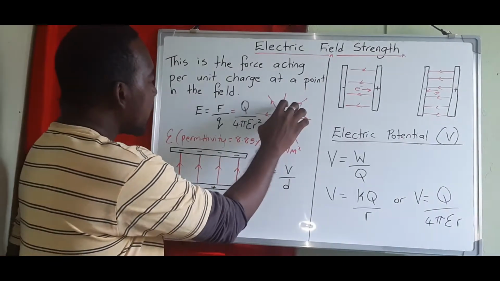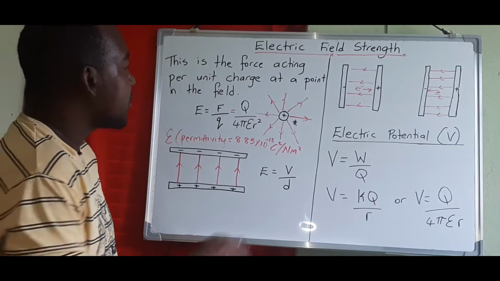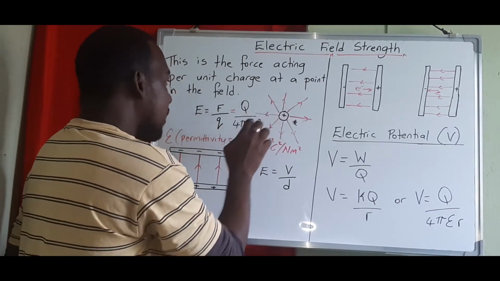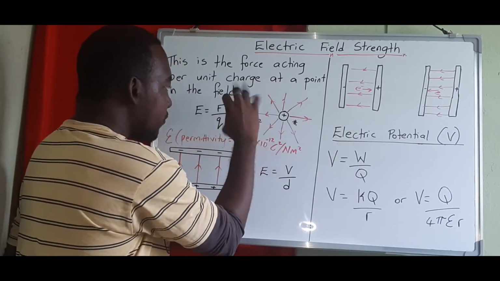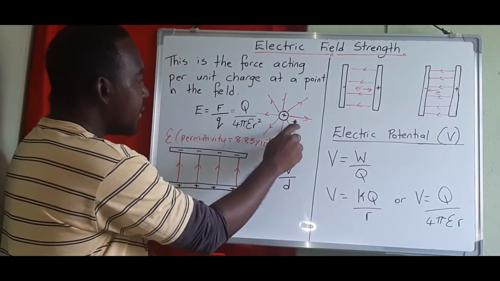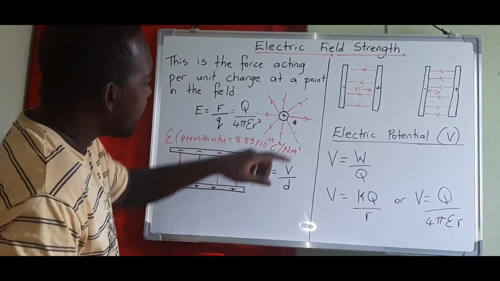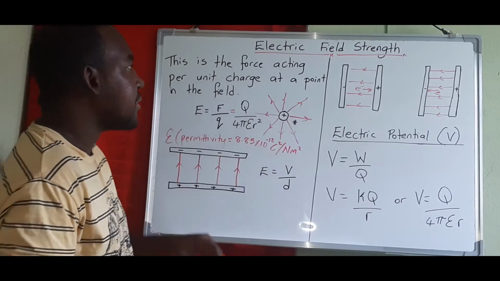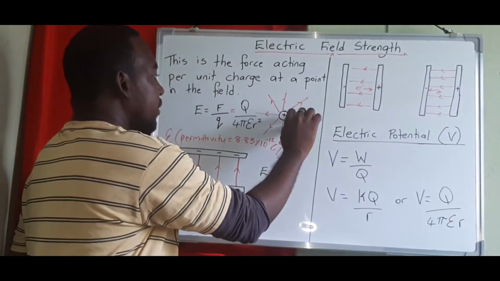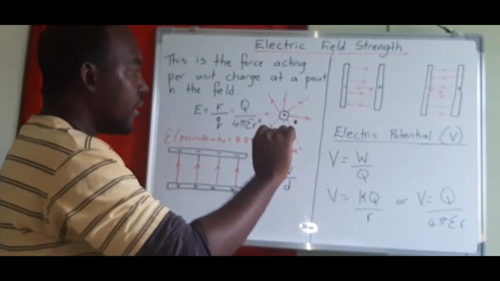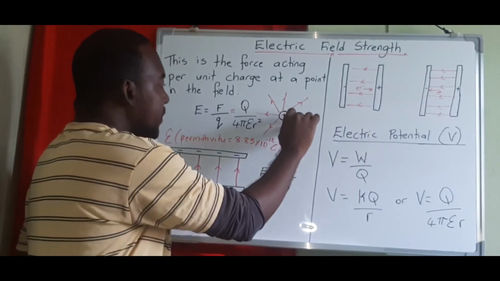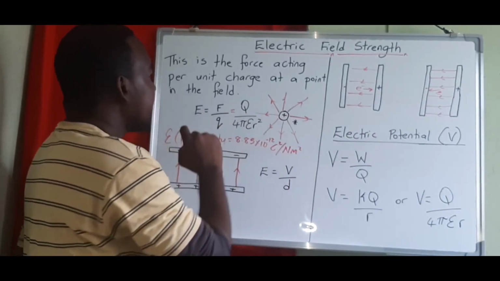So if we take a positive charge here, electric fields are pushing forces away from the charge. Now if we take this point here, this point in our electric field, the electric field strength is the force that's acting on this little charge right there.